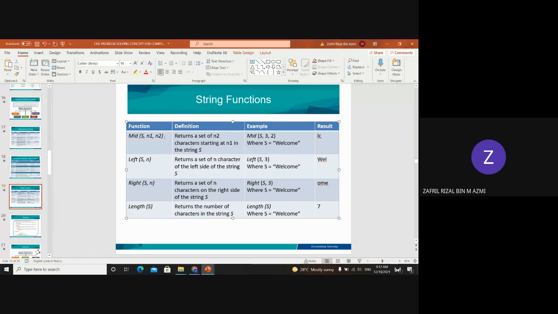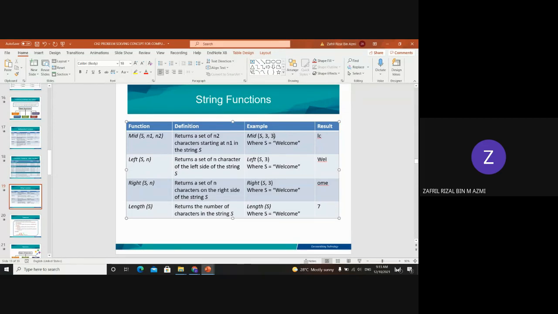N2 is the number of characters, starting at N1. N1 is the starting position of the string that you want to get. For example, this one N1 is 3. So starting with 3: 1, 2, 3. So starting with L. And then up until N2. N2 is 2, so 2 characters only. Starting with L, we get 2 characters only. So LC. What if I put 3, class?